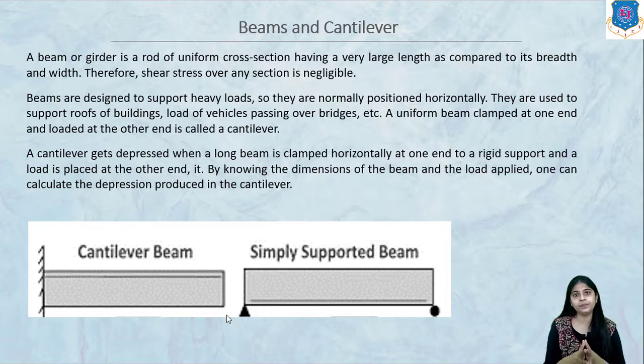By knowing the dimensions of the beam and the load applied, we can have knowledge of the pressure that is produced in the cantilever. Suppose a beam is connected to the rigid support at one end and is free on the other end. If the load is applied on the free end, then the cantilever will bend in such a way that depression or deflection is produced.